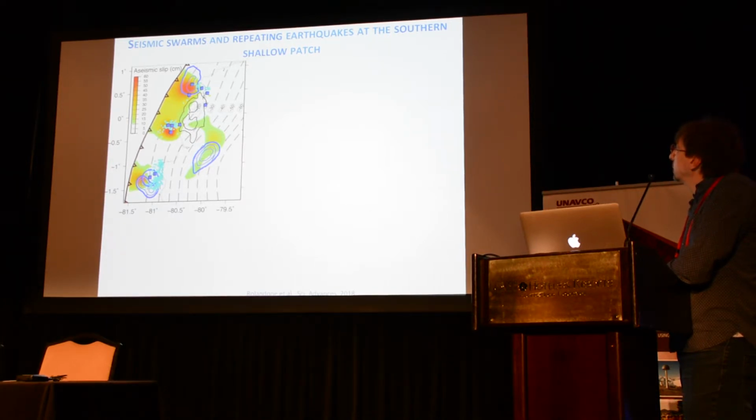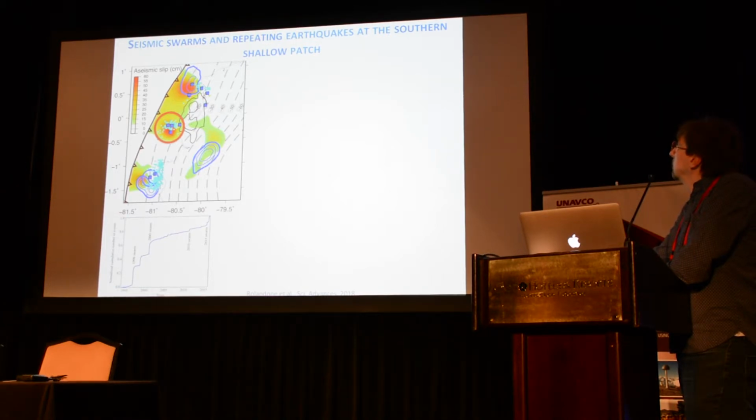We did the same search for the southern patch, and what happens is that we couldn't find any evidence from the geodetic observations. But this area has regular seismic swarms that have been observed since 1994.